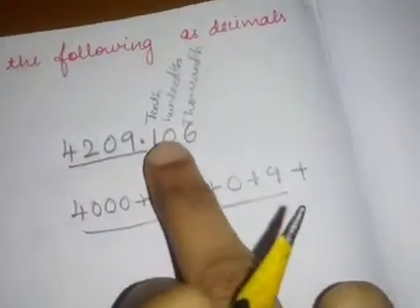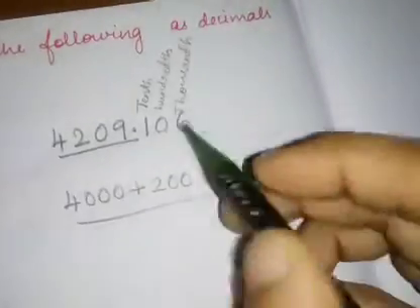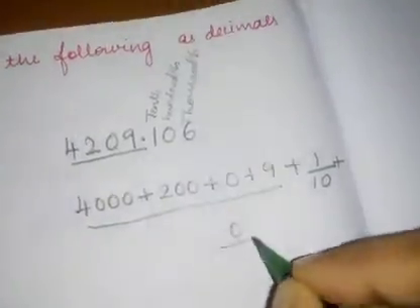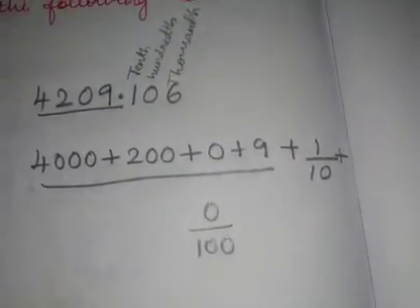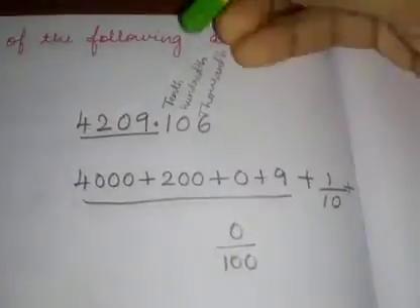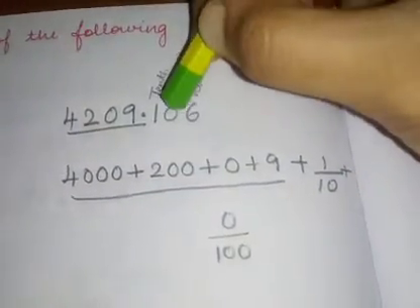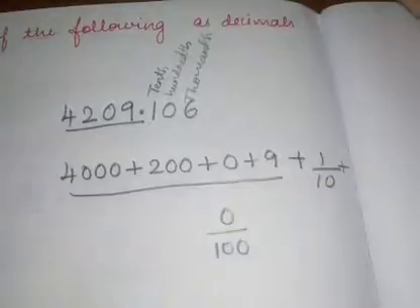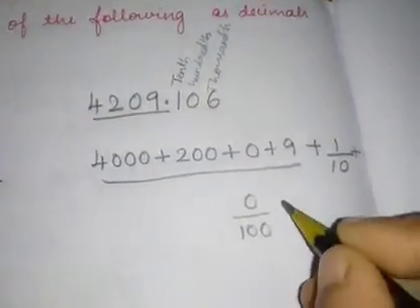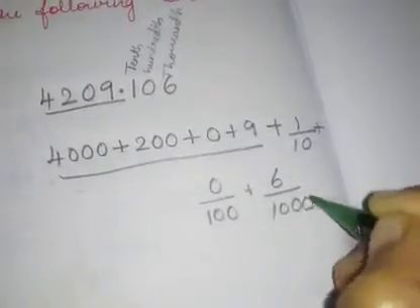So then the decimal part. Next is your decimal part. 1/10 means how will you write? 1/10 plus 0/100, that means 0/100. Yes, 100. What is the meaning? I told you children, tenths means 1/10. Hundredths mean 1/100. Here the tenth, 1/10 is given, so 1/10. 0/100 is given, so 0/100 plus 6/1000.